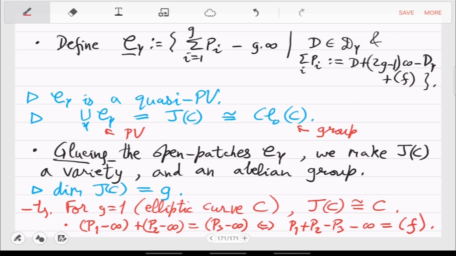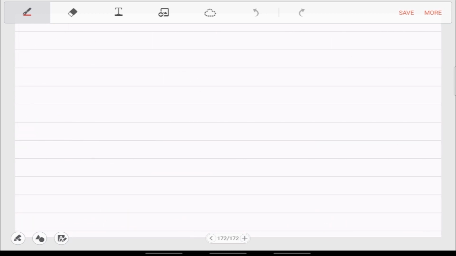So which is why, I mean, are you aware of elliptic curve addition? So for P1, P2, you will draw a line. Maybe it can be drawn here. So P1 is here, P2 is here.